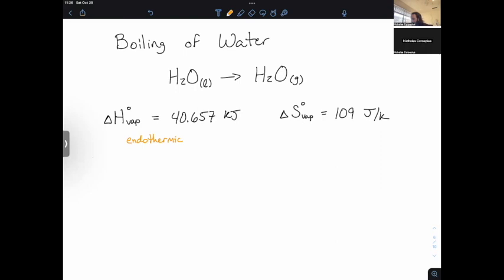So these are endothermic reactions, but they're also entropically favorable because that gaseous state is more disordered than the liquid state, right? Again, something that we should be able to predict just by looking at that chemical equation.